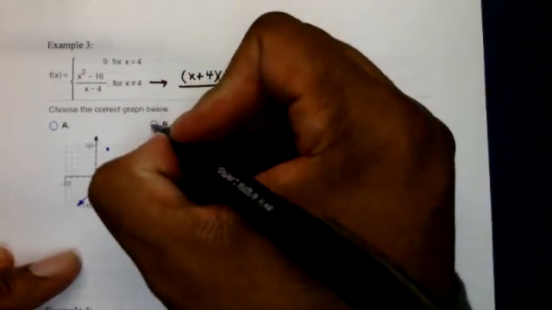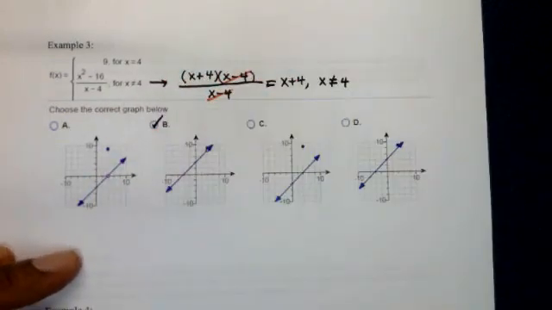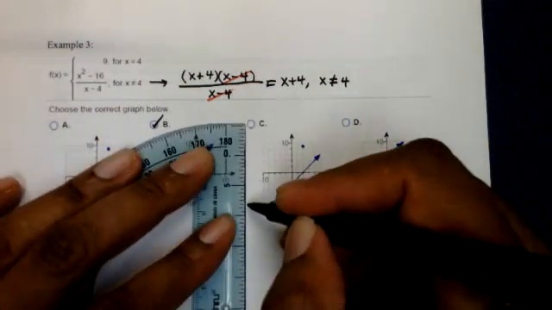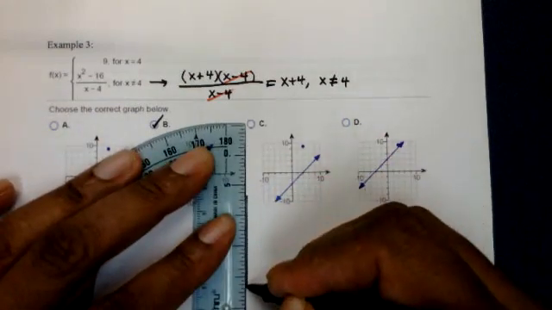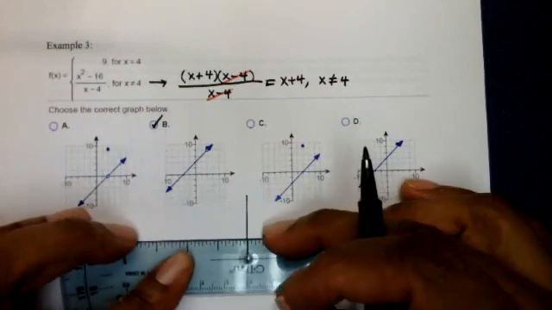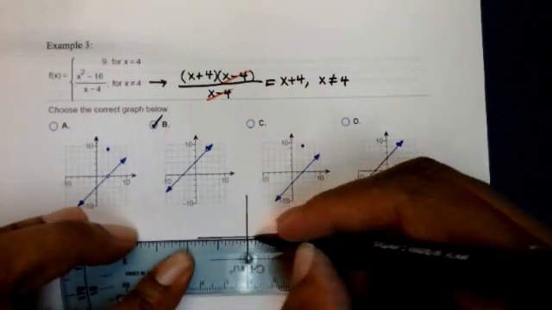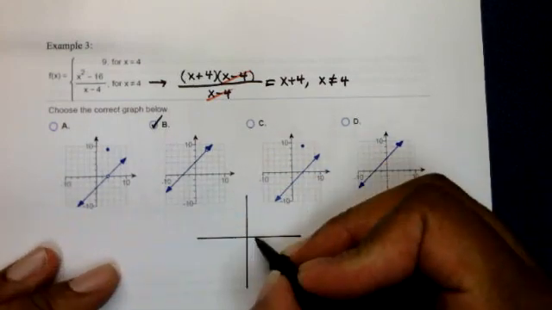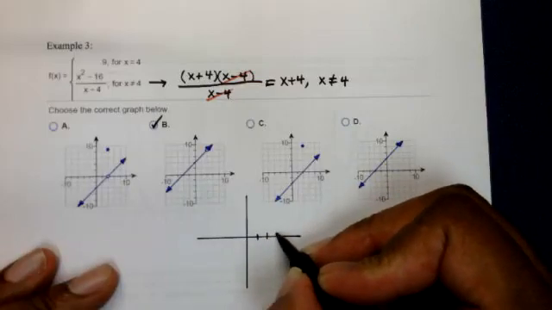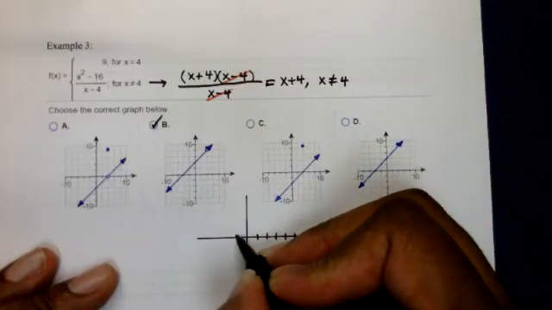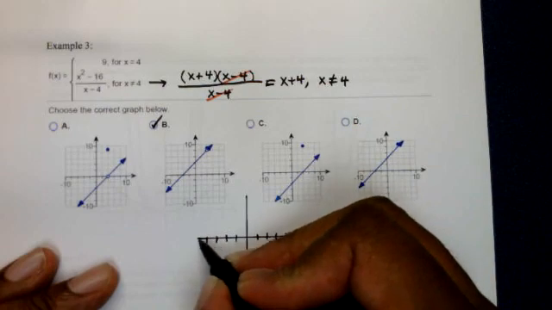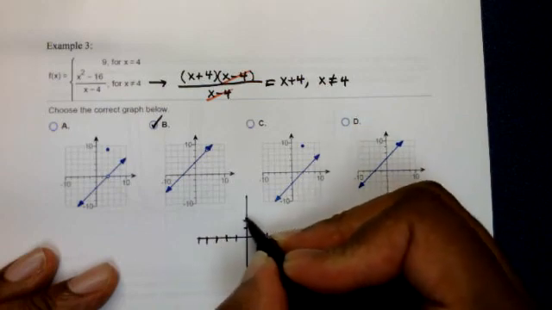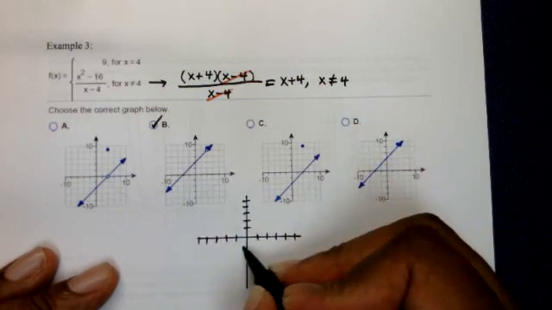Okay. So it has to be B. Okay. And let me go into more detail with that by showing you this on paper. So in this case, these are in increments of 2 on the x and on the y.